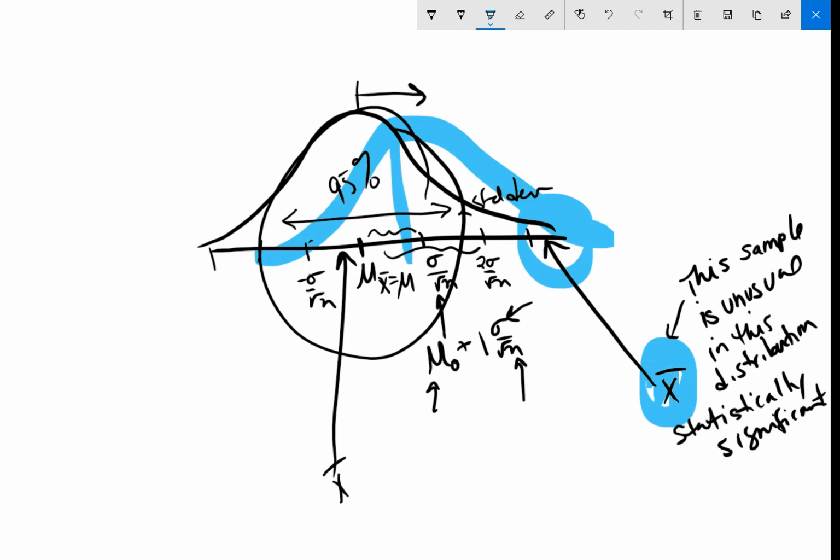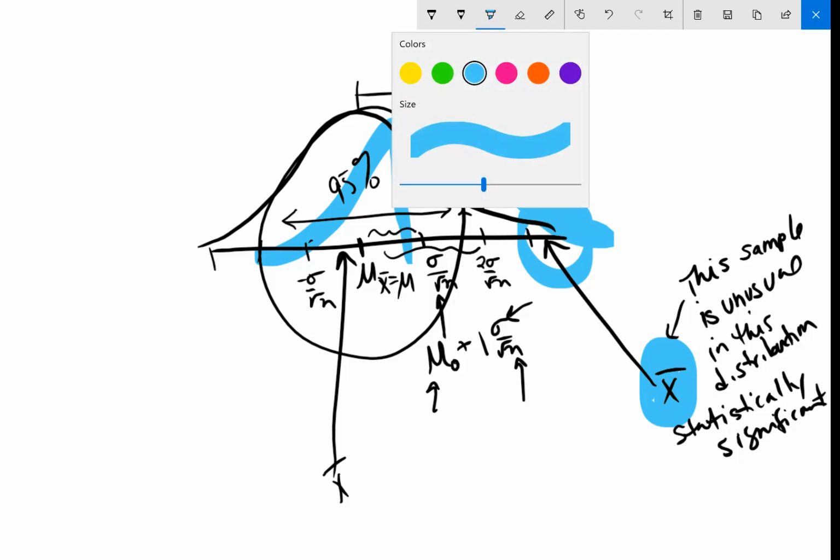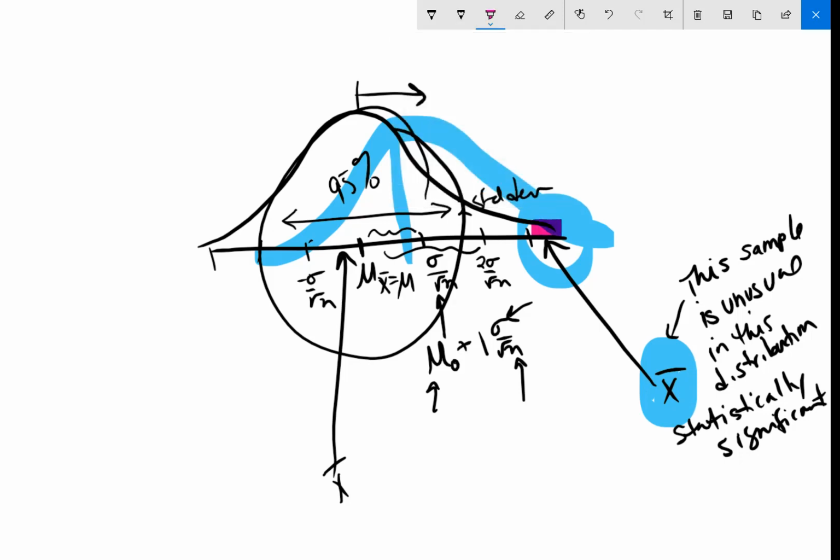We're going to say that when we see something like this, we would reject the null hypothesis, but we are in error that amount of the time, because I could actually get a mean out there. But I'm going to say that would be so rare. I think it's more reasonable for me to assume that the mean is shifted to the right than for me to get a sample of size whatever that far out in the tail end. But that's where we can have some error with hypothesis testing.